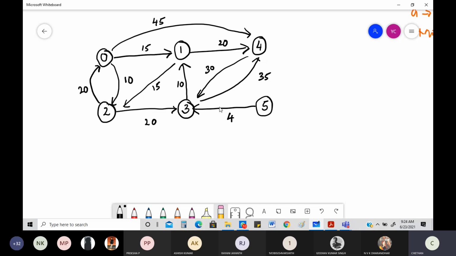And what is the other difference you need to make sure of? They clearly say you figure out the shortest path, and please make sure that your source is equal to 5.